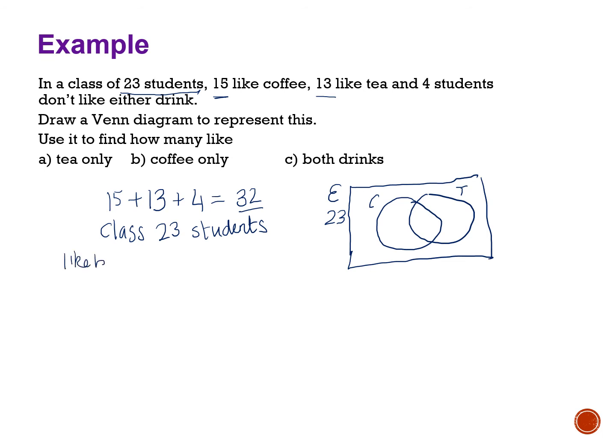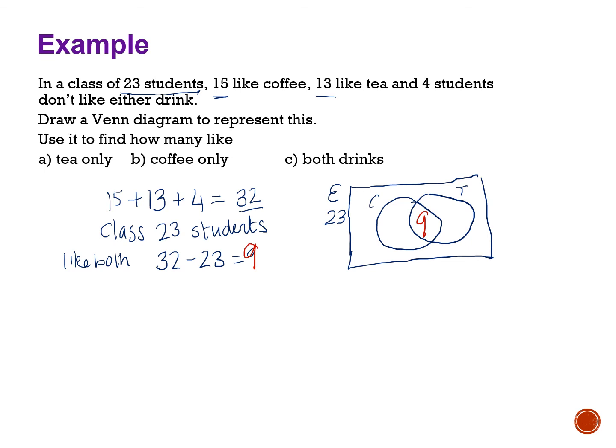So like both is going to be the total of what's added up, which is 32, take away 23, so that gives me 9. So I can put that 9 there, I can put in my intersection.